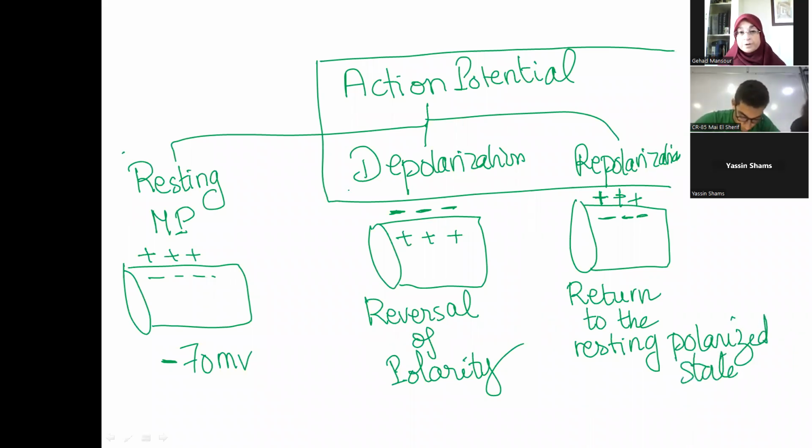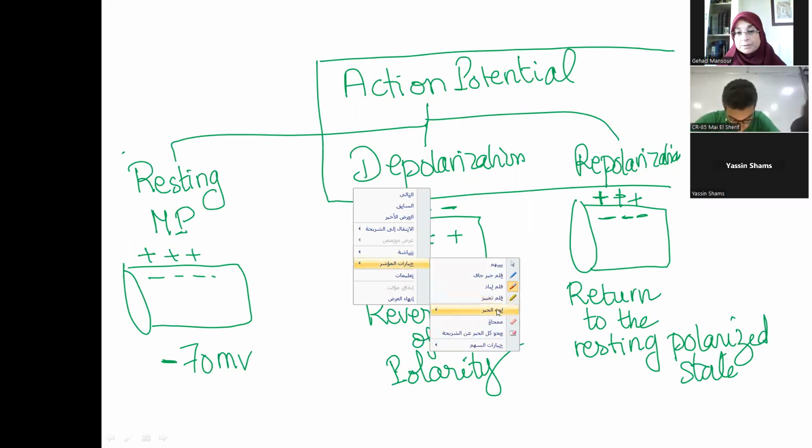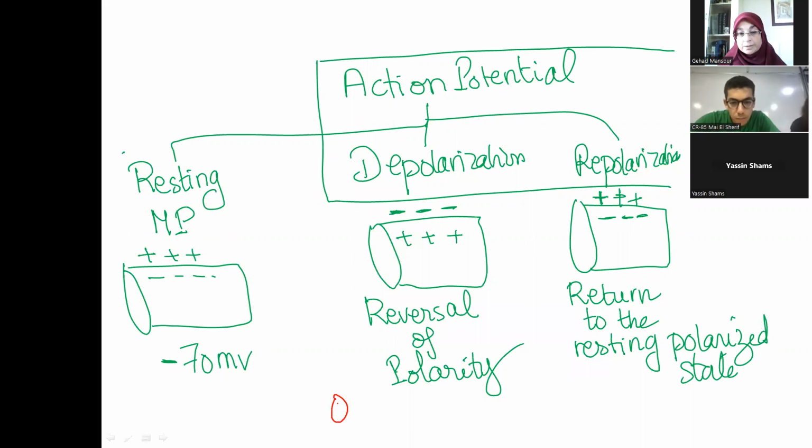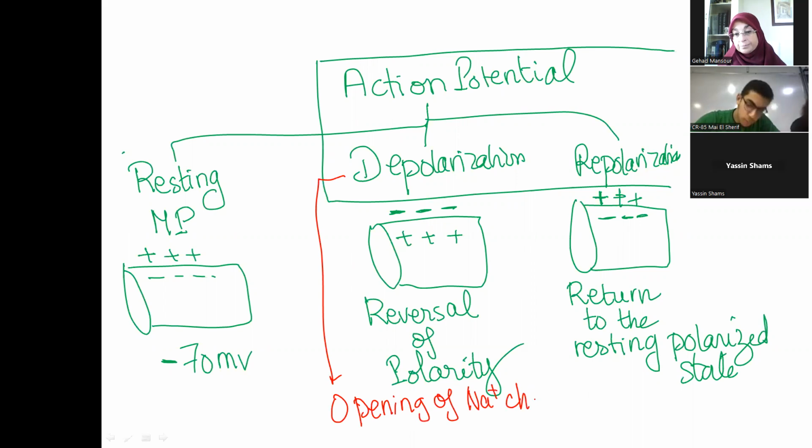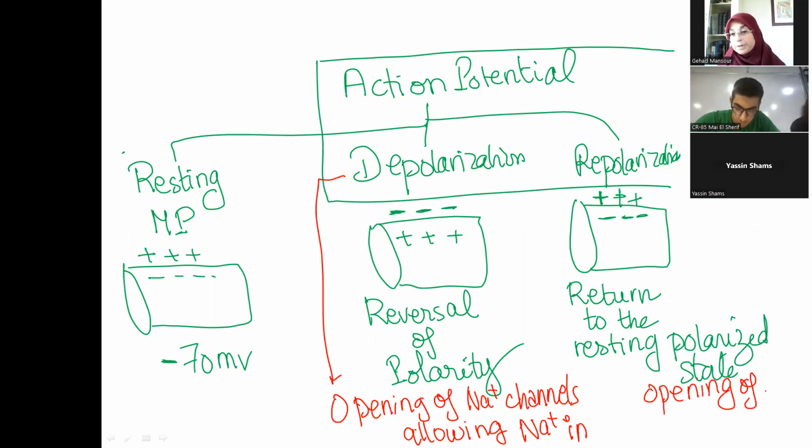طيب مين السبب في depolarization؟ السبب في depolarization هو opening of the sodium channels, thus allowing sodium in. والسبب في repolarization هو opening of the potassium channels, allowing potassium out.